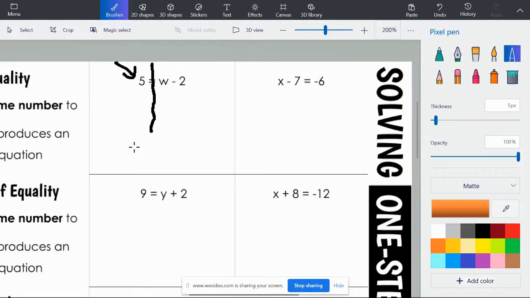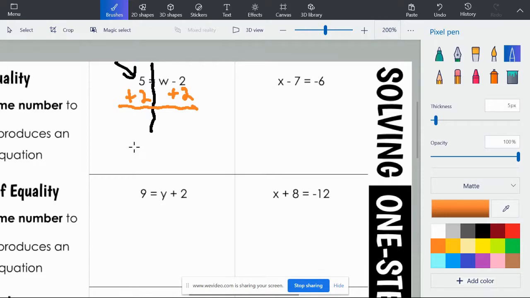The opposite of subtracting 2 is adding 2. And whatever we do to one side of the equation, the right side, we have to do to the left to keep the equation balanced or equivalent. Subtracting 2 and adding 2 cancels out.